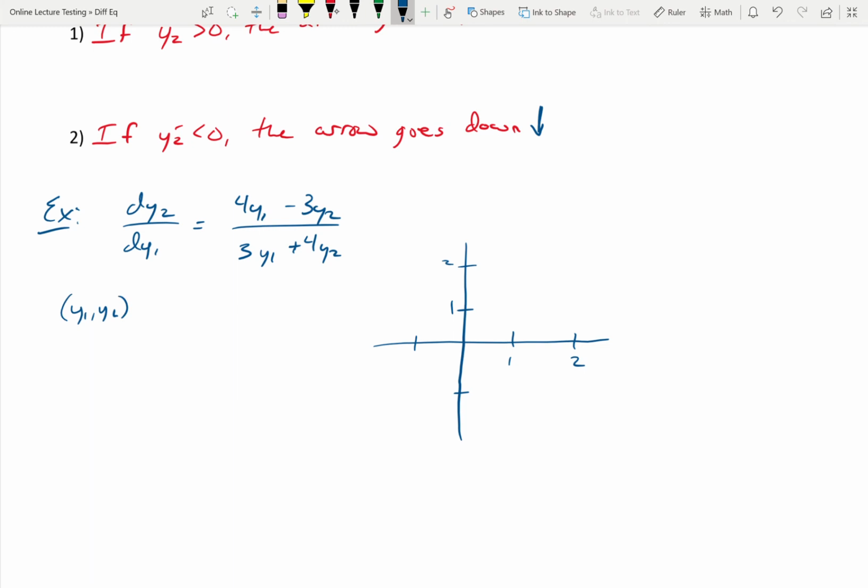If I deal with the point 1, 1, and 0, 1, we'll do one more.